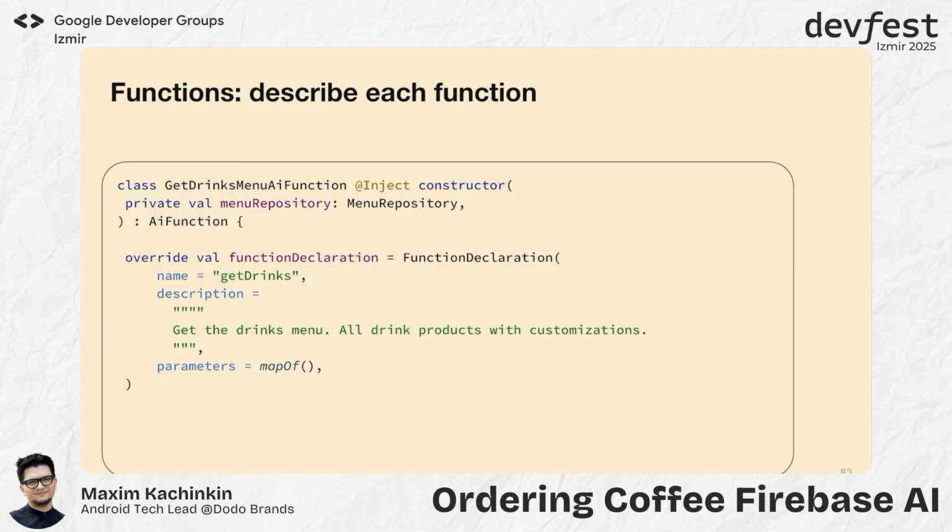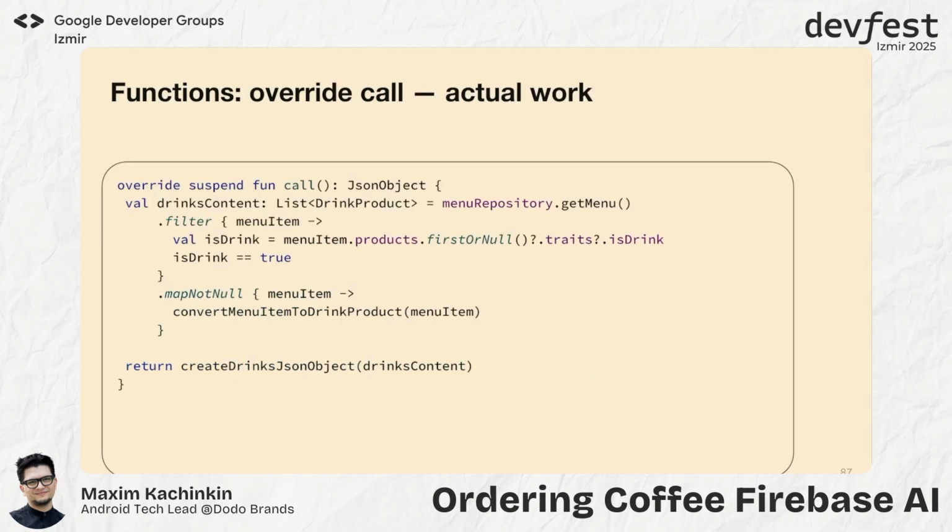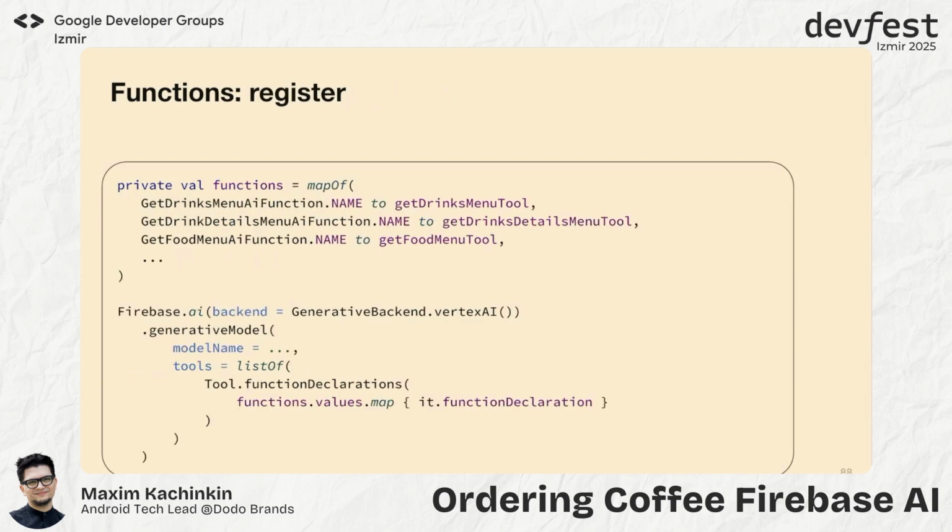Then describe each function, like name, description, etc. And if we need input parameters, we can do it like this. Then we do the actual domain logic. This is where you go to your repositories, use cases, services, and do your actual domain logic. Then register all of them in your model.